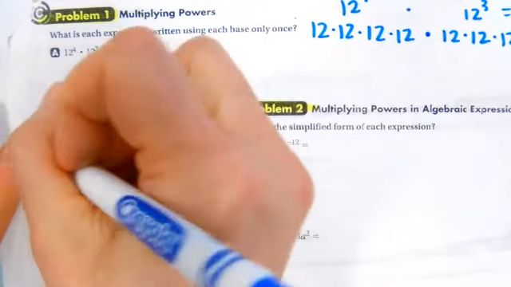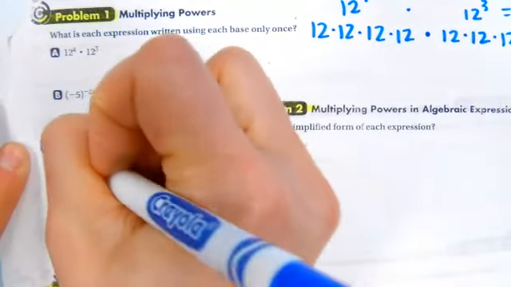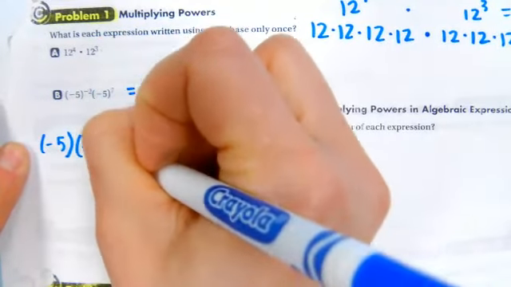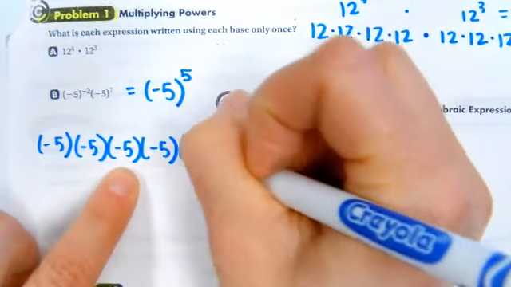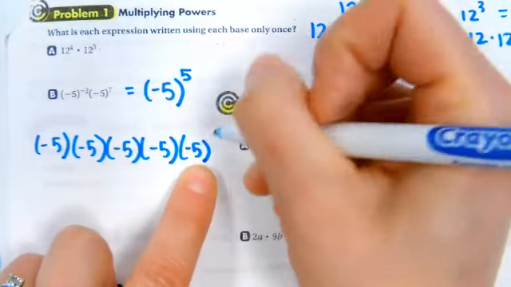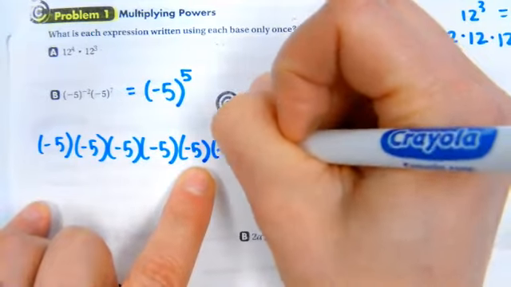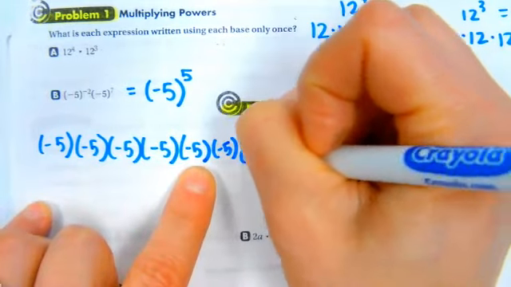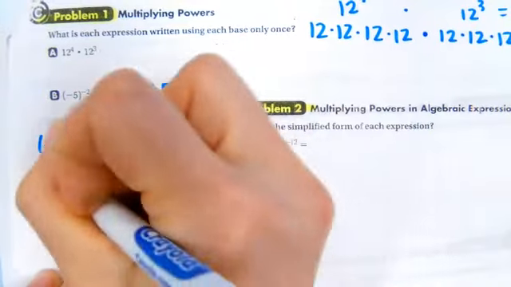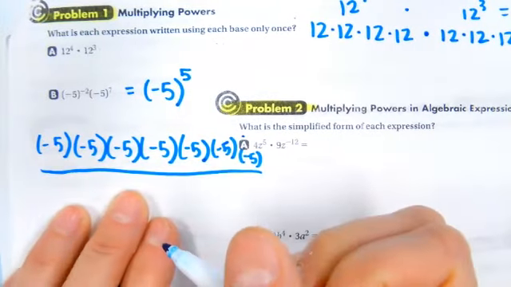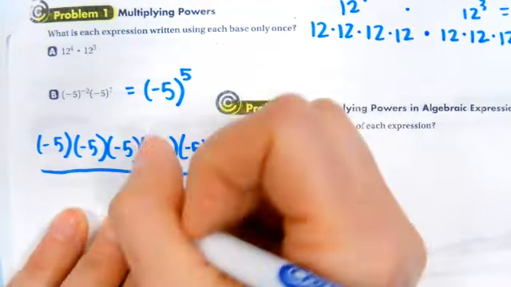If I write that out, I would have 7 -5s on the top. Pretend it's all in there. How many -5s would be on the bottom? 2.